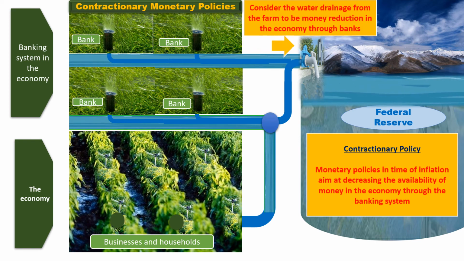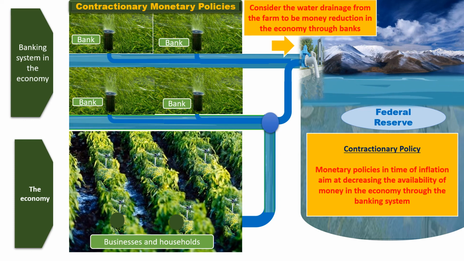Here we are trying to illustrate the other direction of money circulation, which is understood as contractionary monetary policies. You can see water going from the garden to the water source, which is the Federal Reserve.